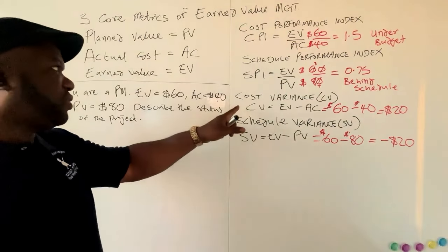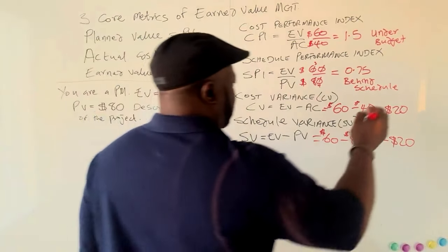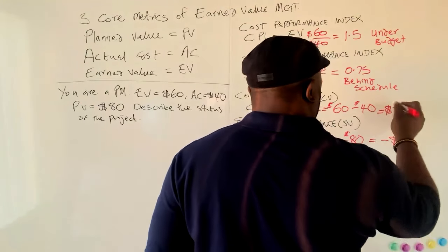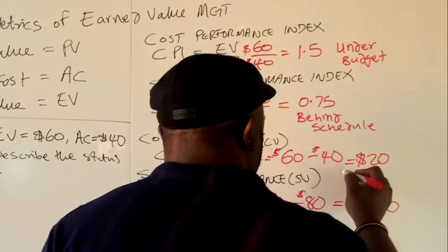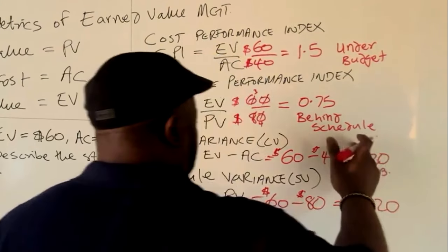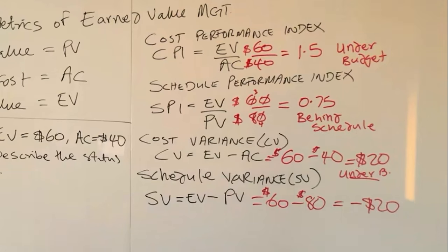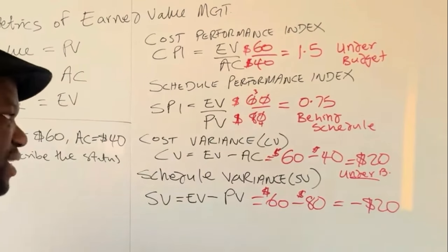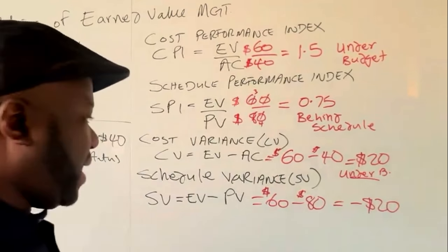This means in terms of cost, this is a good cost performance, or you could again say under budget. That means you've got $20 extra that you planned to spend, but because of your cost performance, you didn't need to spend, which is not bad.